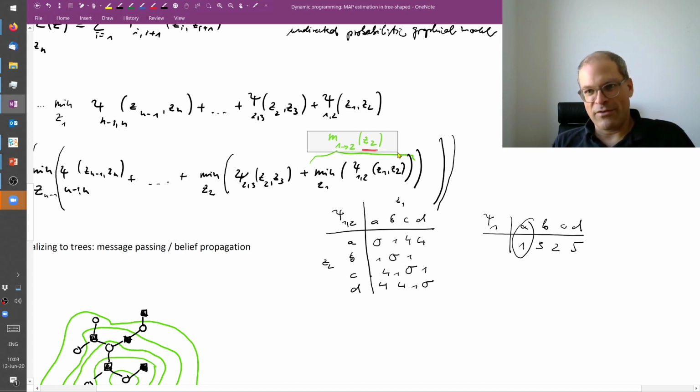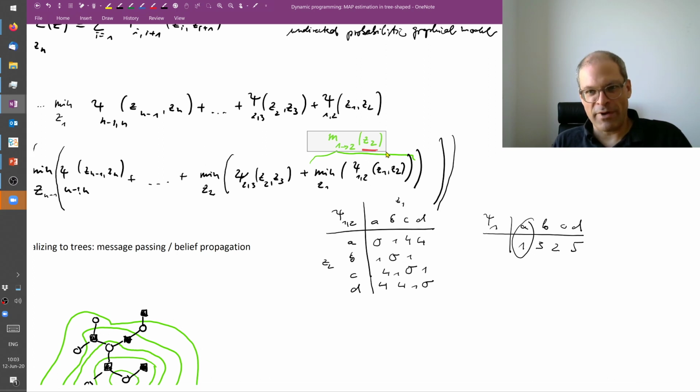It no longer depends on z1. I've not integrated out z1, I've minimized out z1. And this is the message, if you like, from variable 1 to variable 2. So this is why I wrote m1 arrow 2, message from 1 to 2, and its value depends on the possible states of variable 2.